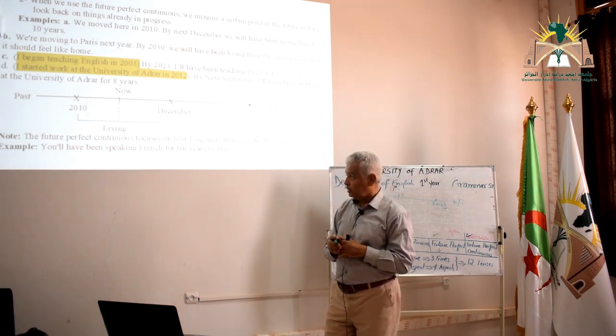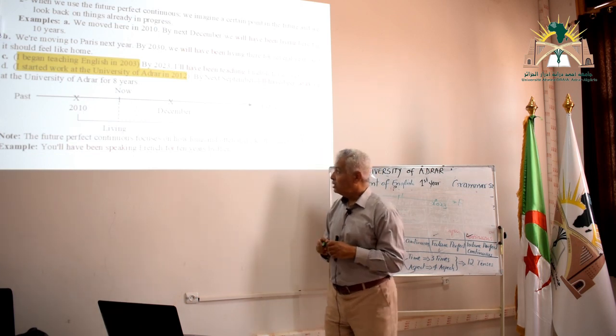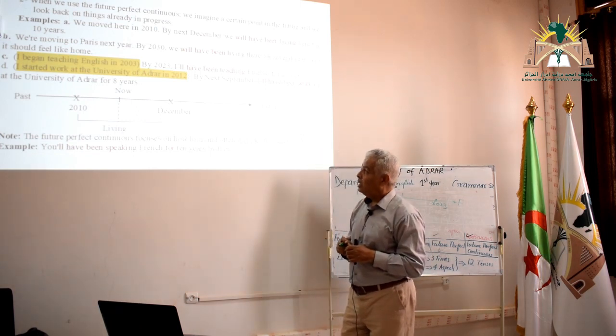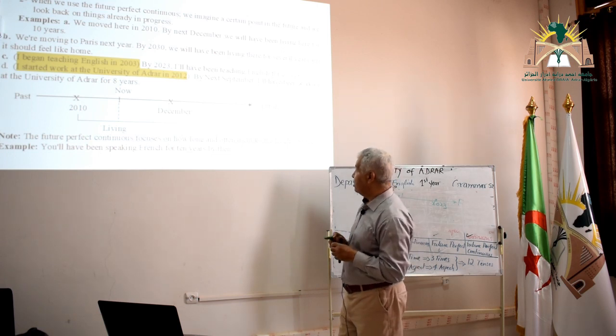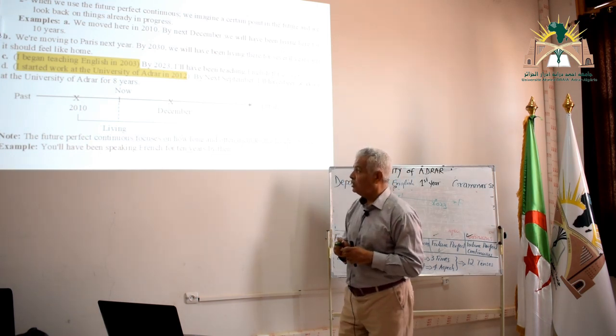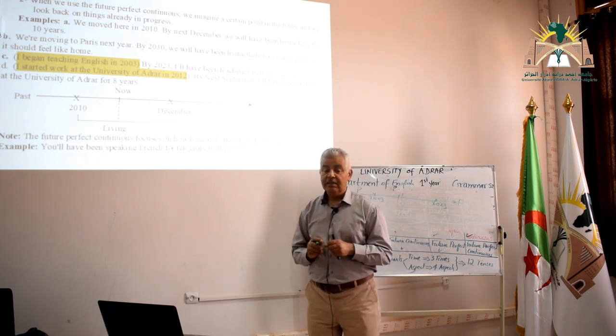The next example, D, has the context of the sentence between brackets: I started work at the University of Adrar in 2012. I can say by next September, I will have been working at the University of Adrar for 8 years.